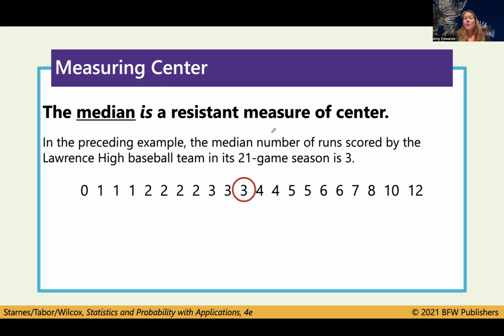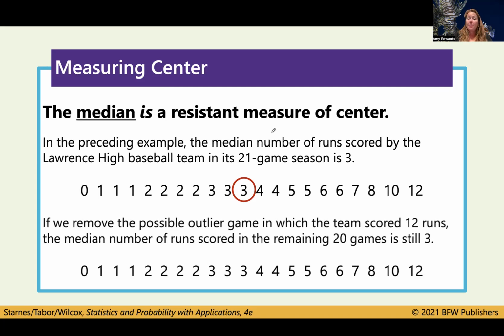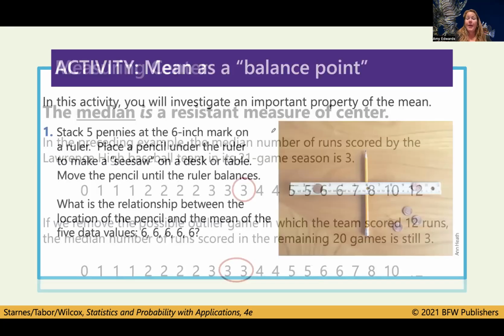So if we go by the median, the number of runs scored is 3. Now remember, if we remove the possible outlier in which they did 12 runs, what's the median still going to be? 3. So it's resistant. It didn't change. But remember when we did the mean, when we took out that 12, our average changed. It fell.